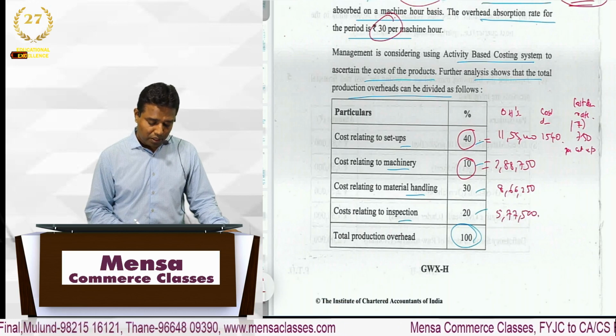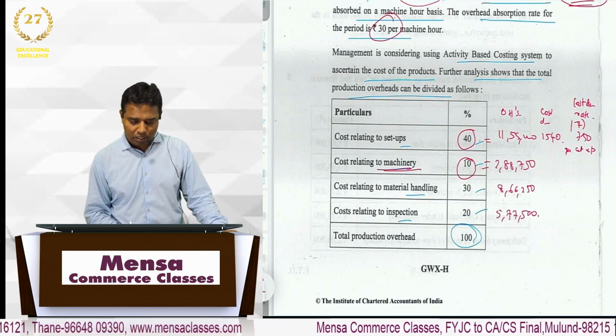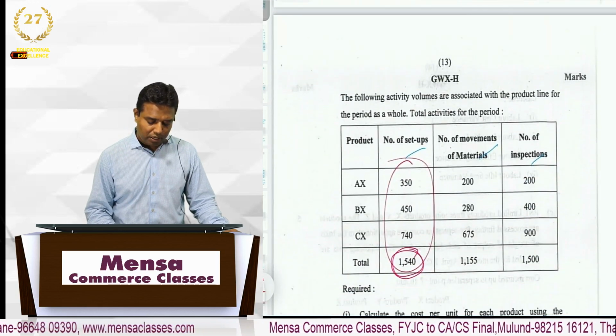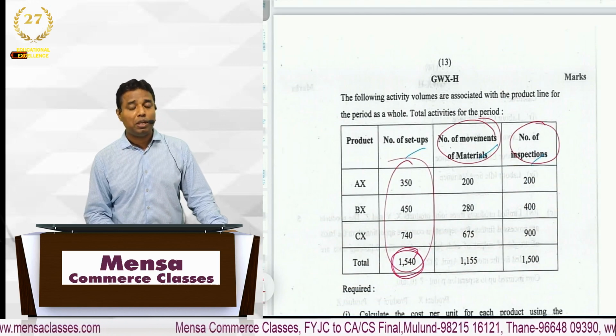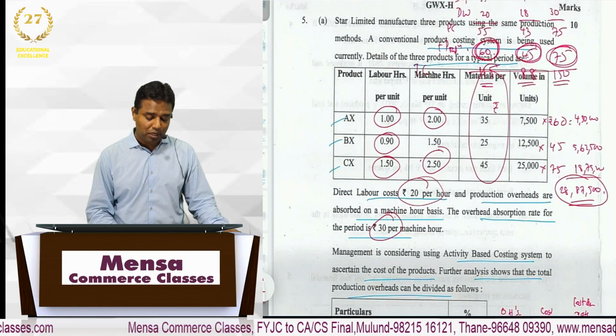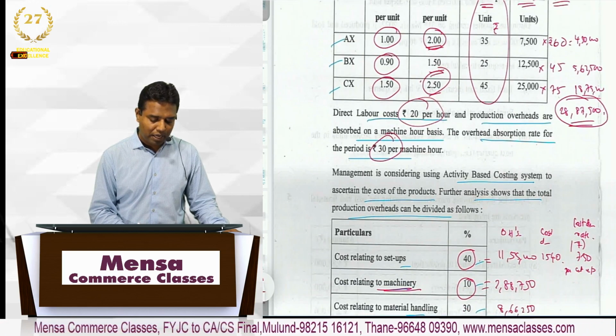Next, machine related is 2,88,750. Nothing specific is given here for machine related, so we'll use the machine hours. How much is the machine hour? 2 hours, 1.5 hours, 2.5 hours.